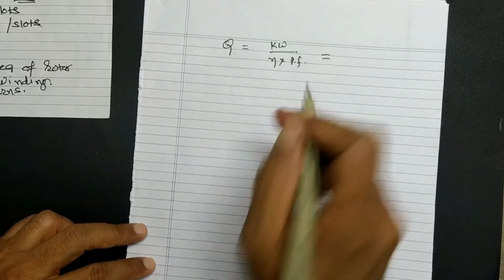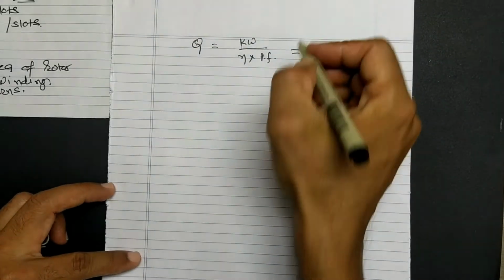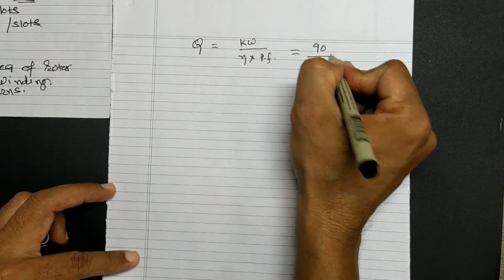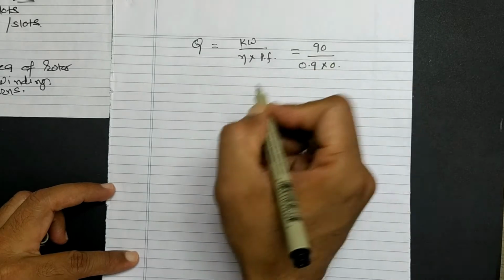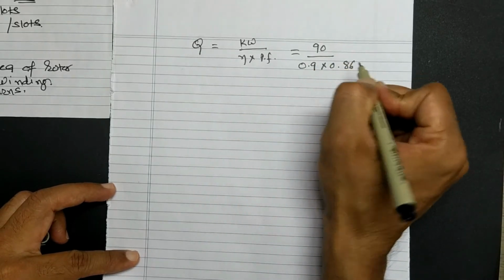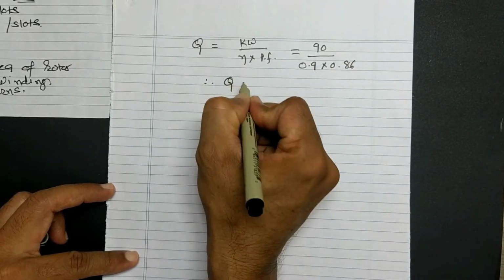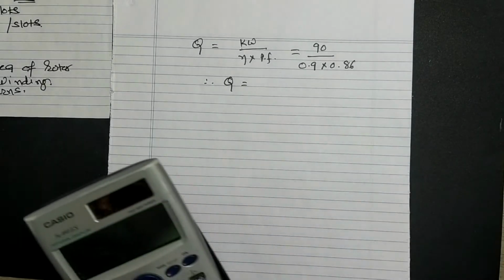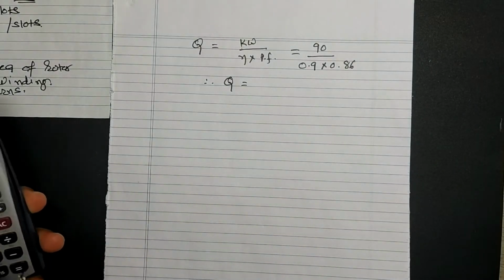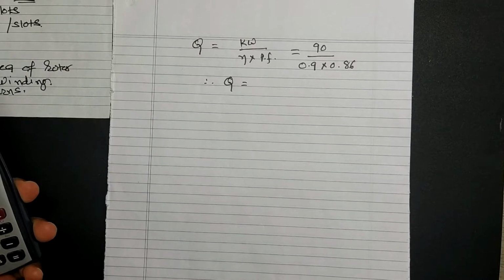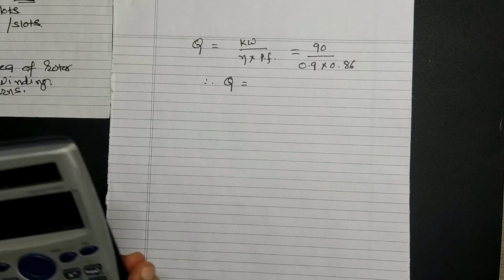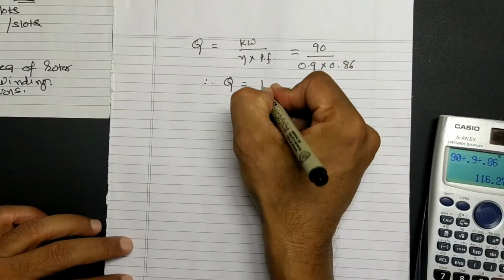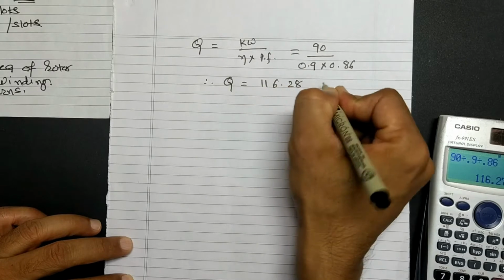So this is our first step normally. 90 kilowatt divided by efficiency, that is 0.9, and power factor 0.86, and therefore Q. So 90 divided by 0.9 divided by 0.86 comes to 116.28 kVA.